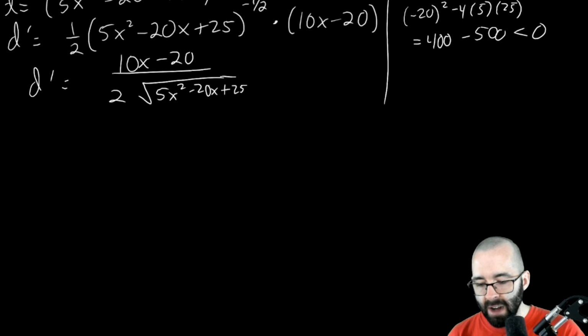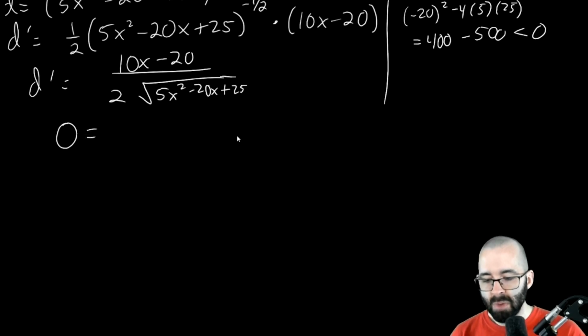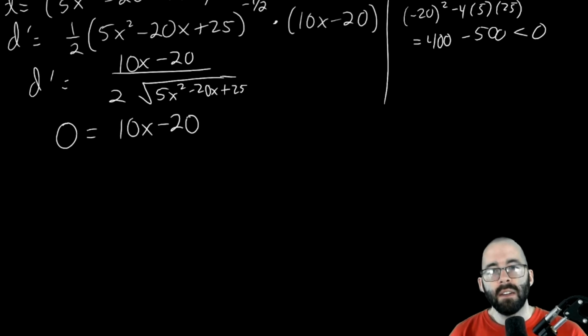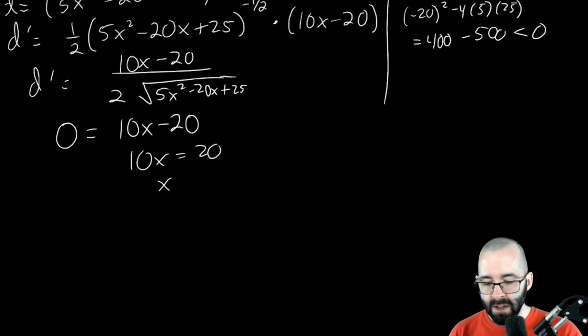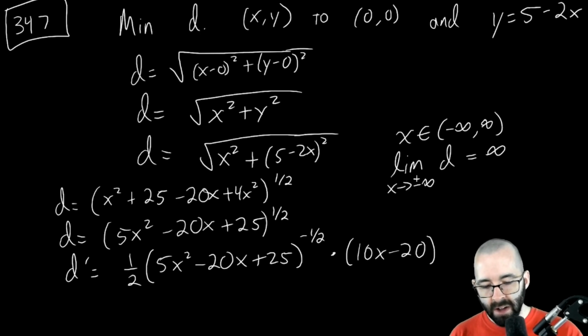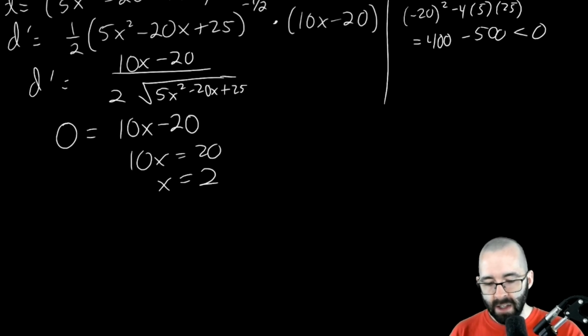So we just have to figure out when this is equal to 0. A fraction equals 0 only when the numerator equals 0. You can also do that by multiplying both sides by the LCD. 10x equals 20, x equals 2. That's our other candidate. Well, it's not a closed and bounded interval. This is just our answer.